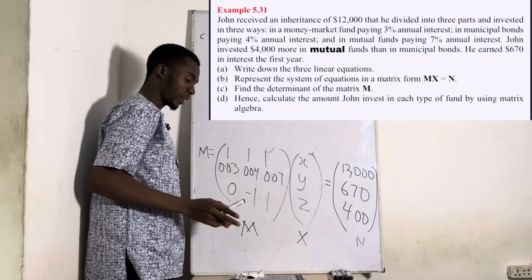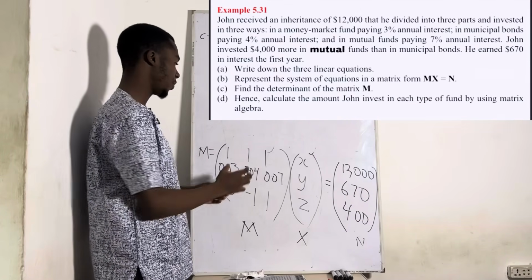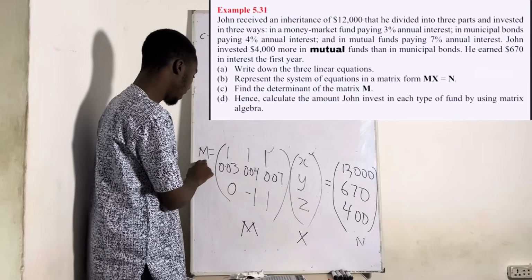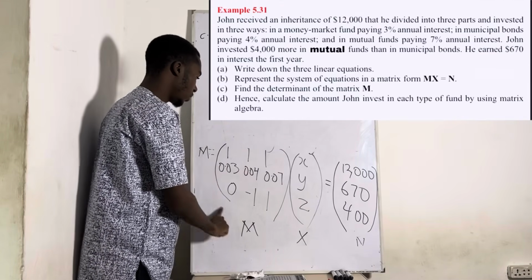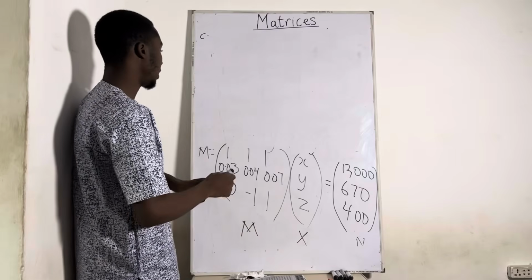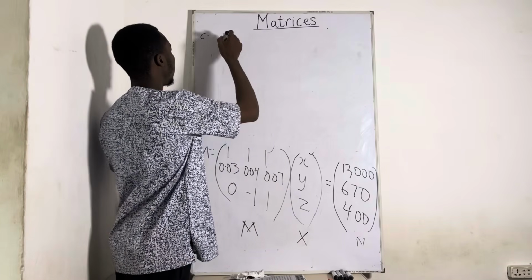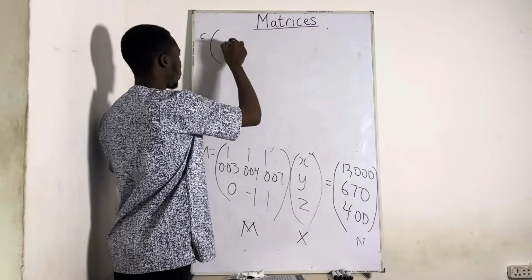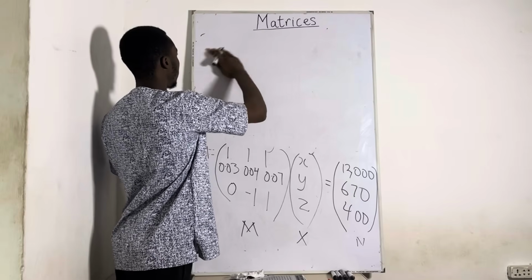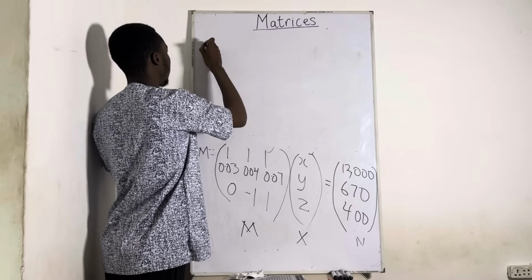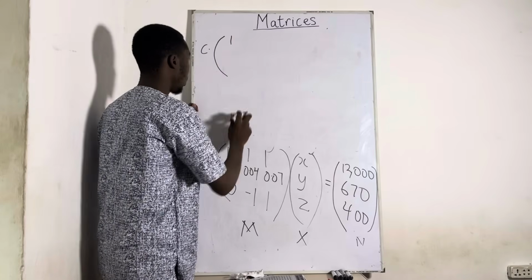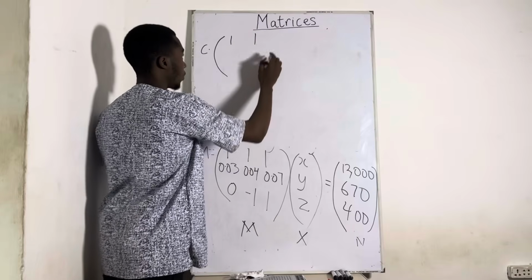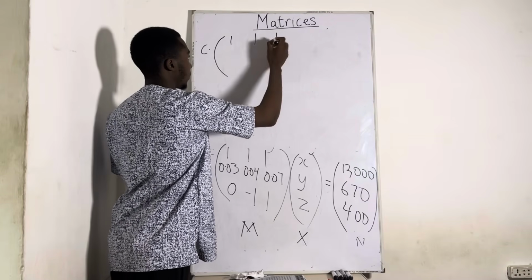So anytime you're asked to find the determinant of a 3 by 3 matrix like this, this is the matrix M. So you are saying we should find the determinant for this one. You get it? So let's first write it at the top. Let me bring it down a little. So you have our C, into brackets 1, 1, 1.